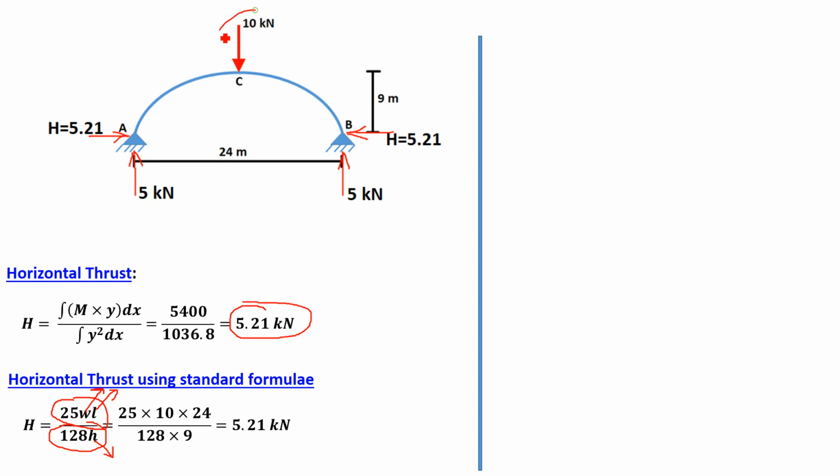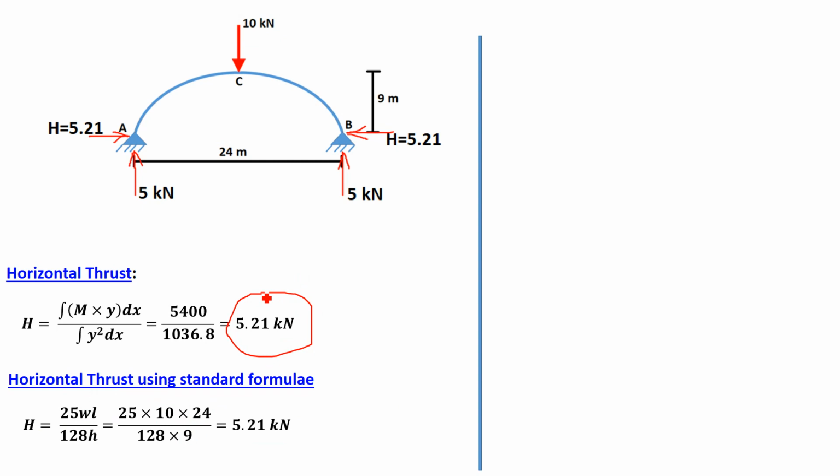So W equal to 10 here, L is equal to 24 meter and H is equal to 9 meter. If you put the values, you will get the answer 5.21 kilonewton. So like this we can verify that our obtained value of horizontal thrust is correct.